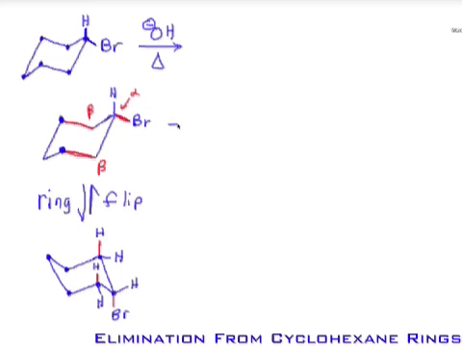So if I were to draw my product, I could draw it where the bromine leaves and an H leaves, and a double bond forms.